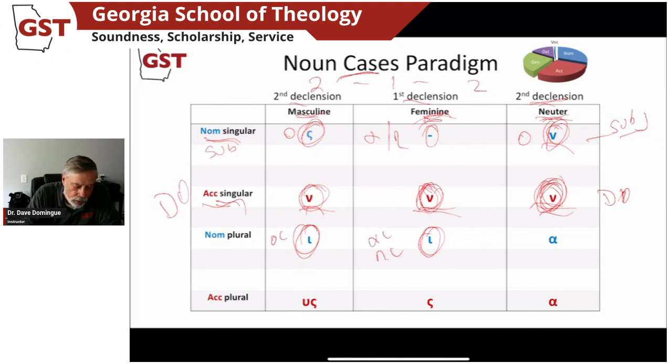Because remember, that's our connecting vowel, our stem ending, and basically we add the case ending, which in this case is iota, whether you're talking about a second declension masculine or a first declension feminine. But for a second declension neuter word, it's going to use the omicron because it's the second declension connecting vowel or stem ending, and it will have instead the alpha case ending for nominative plural, as well as the alpha for the accusative plural.